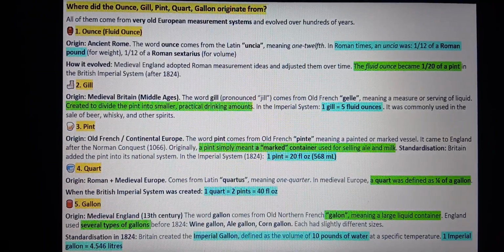Standardization happened in 1824, when Britain created the imperial gallon, defined as the volume of 10 pounds of water at a specific temperature. That was kind of clever. It looked like they were on their way to becoming decimal right there and then.